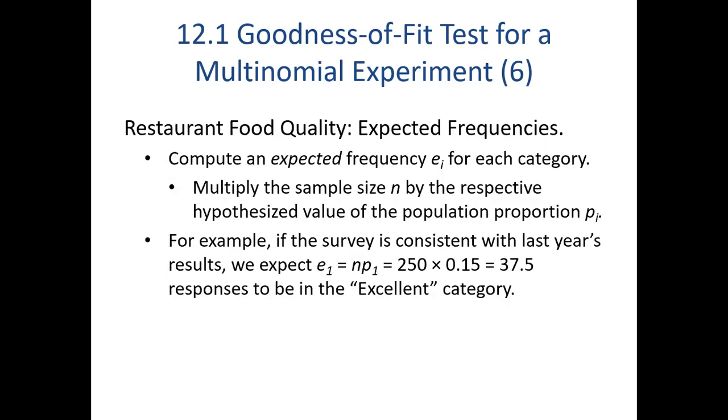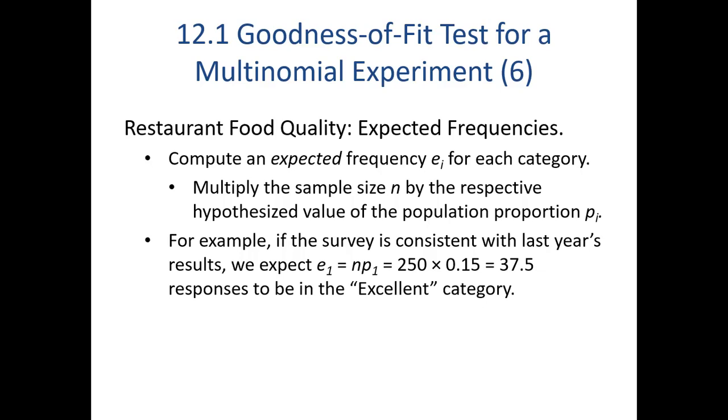Okay. Restaurant food expected frequency. Compute an expected frequency for each category. Multiply the sample size n by the respective hypothesized population proportion p. For example, if the survey is consistent with last year's result, the expected value for the excellent category is n times p1, which is 250 times 0.15, is 37.5.